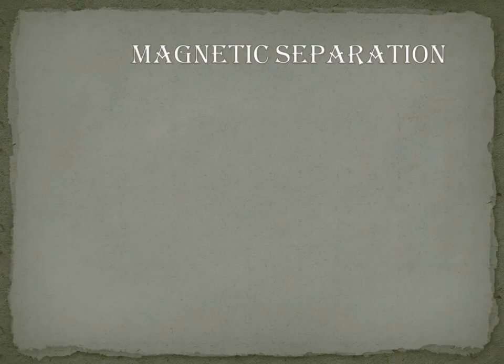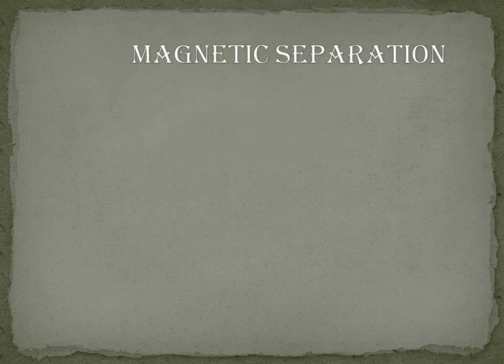Next we have magnetic separation. From the name itself, it is understood that in this method we use a magnet to separate the components of a mixture. The method of separating magnetic components of a mixture from non-magnetic ones by using a magnet is called magnetic separation.